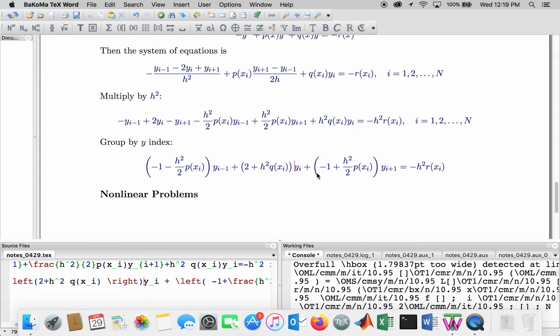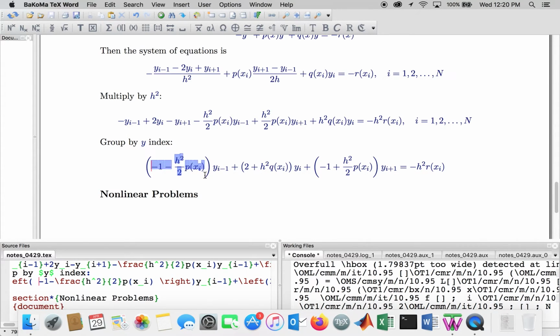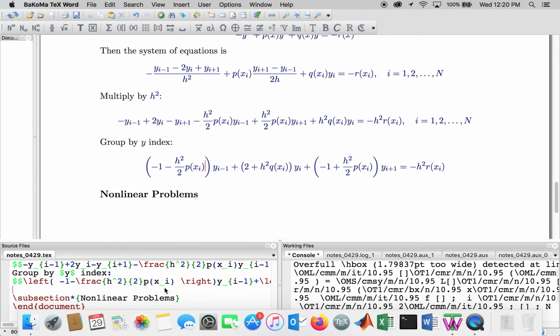Whatever's multiplying y i plus 1 is a super diagonal entry. Whatever's multiplying y i minus 1 is a subdiagonal entry. So here we have the entries of a tridiagonal matrix.